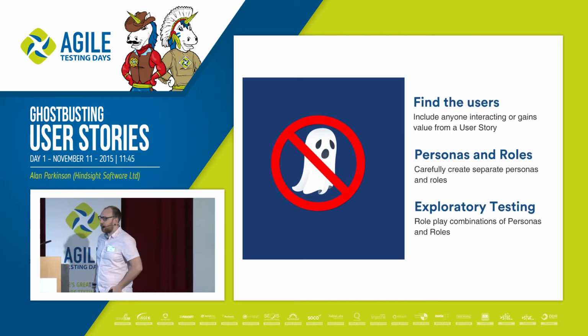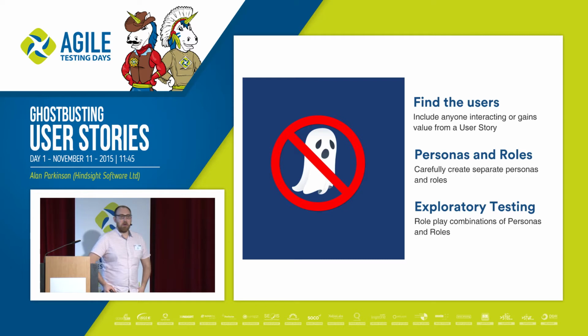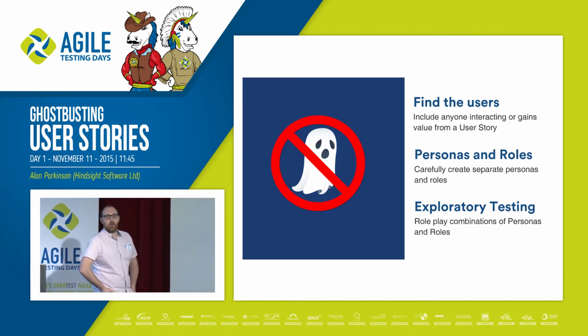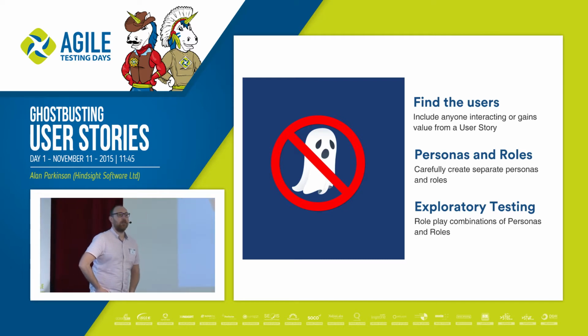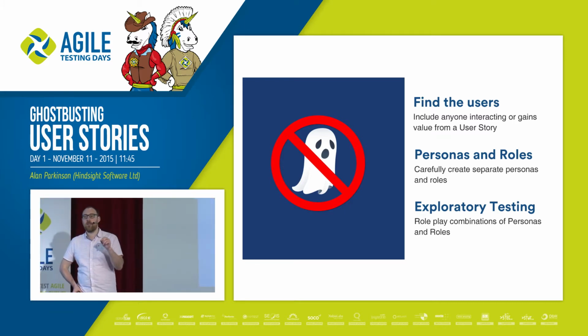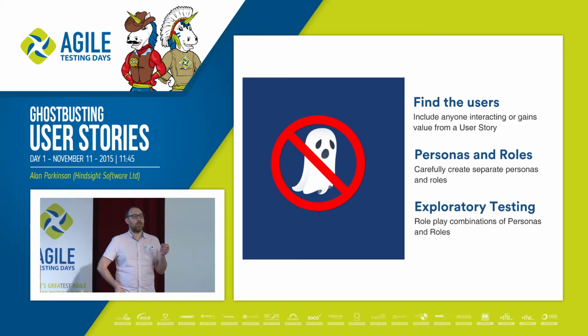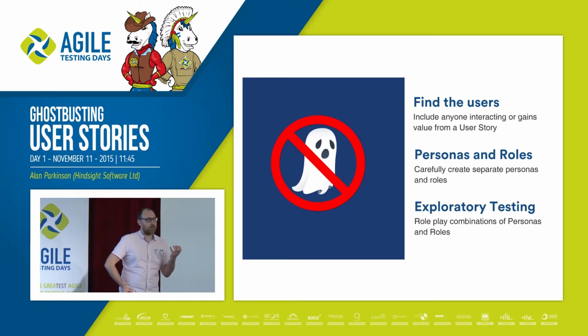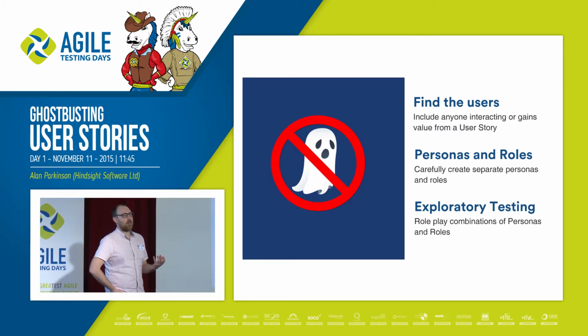So, to find users, I think anybody who interacts with a user story, who gains any value in a user story, should be mentioned. That's what I'm trying to do with that active voice, just get that information. Start asking questions about it.